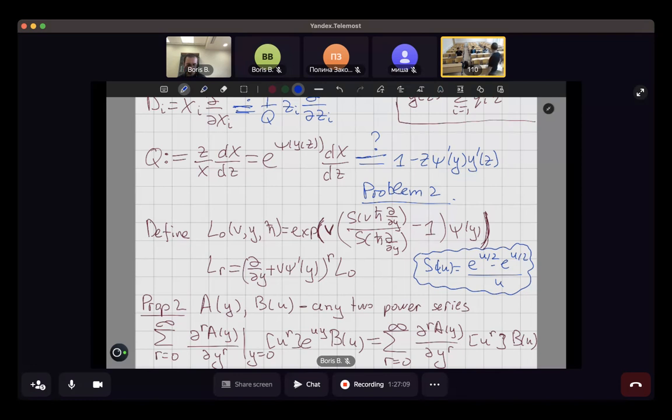Вы можете посчитать их явно, когда все зафиксировано, и это будет рациональное выражение от производных psi, y, z. Например, это написано в домашнем задании 0,3: там приведена явная формула, и вы ее докажете в домашнем задании.